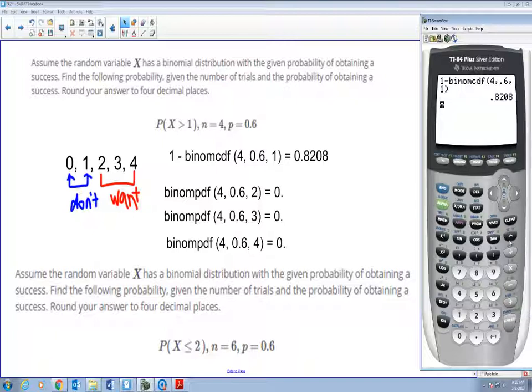So second distribute, Binomial PDF, 4, 0.6, 2. That's 0.3456.